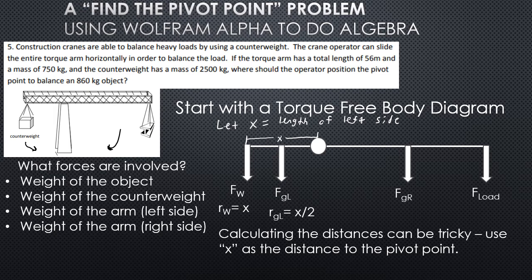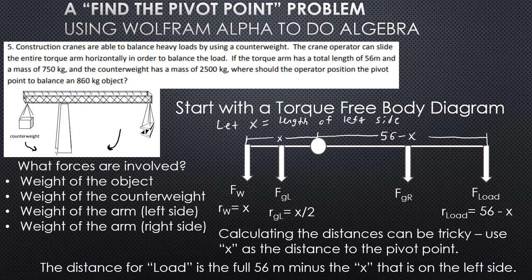The counterweight being all the way on the left side gets the full x. So what would be left over on the other side? Well, the rod is 56 meters long, so the whole thing is 56 meters. If the left side has x of those meters, then the right side has whatever is left over, 56 minus x.